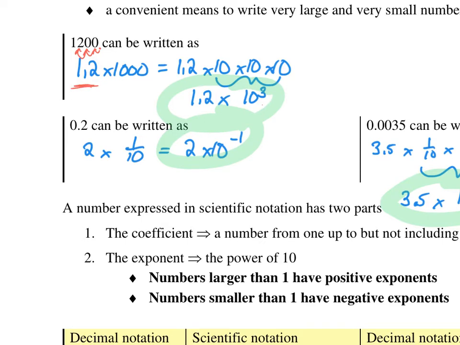The positive exponent indicates that the decimal equivalent is greater than 1. For 0.2, we see the decimal point has been moved 1 space. That's where we get the 1. And again, the negative exponent indicates that this number is less than 1.